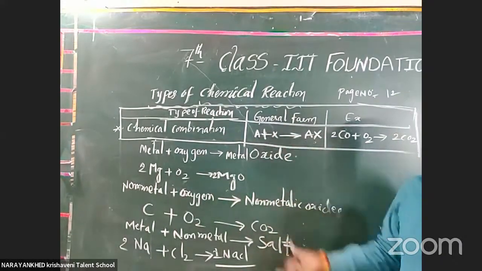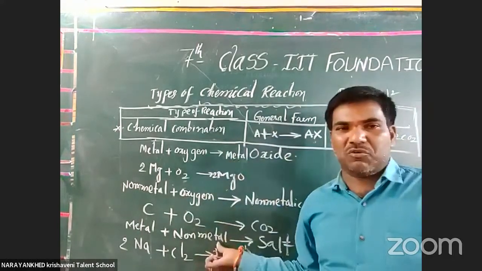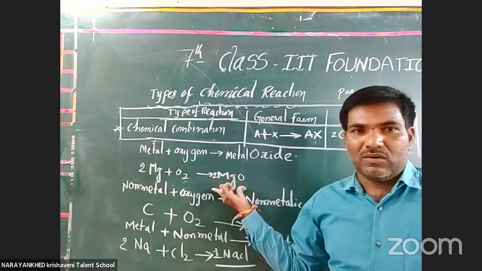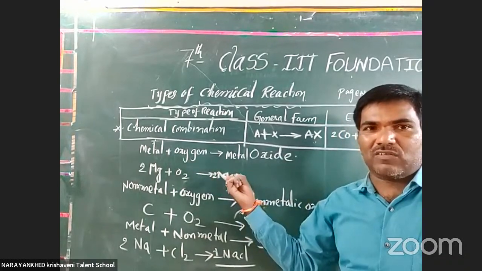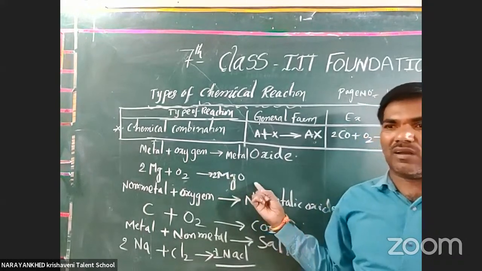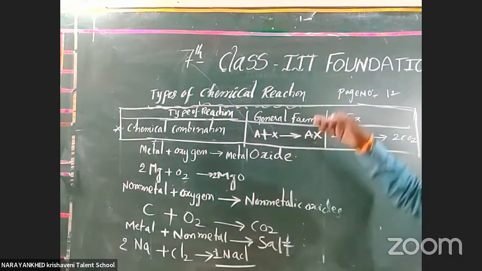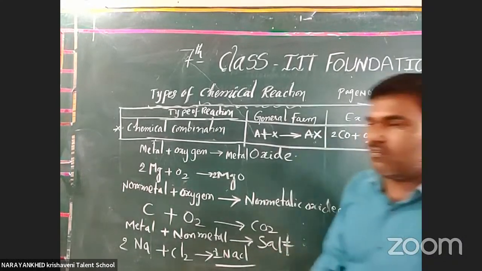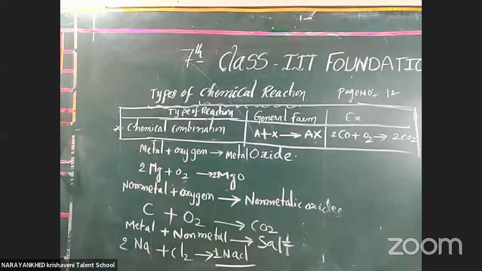Okay, these are all chemical combinations, and you may gather some information here. The chemical changes can also be observed here. Metal combined with oxygen gives what? Yes, metal oxides. This is only about the types of combinations. Got it or not? Yes, and please write down. Note it down.